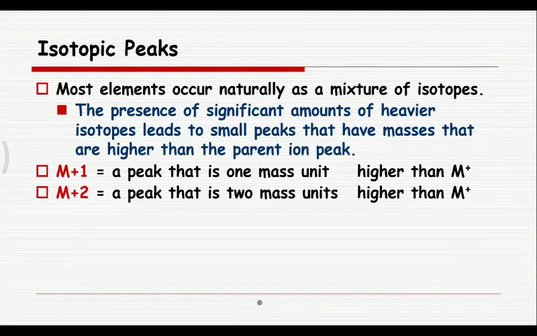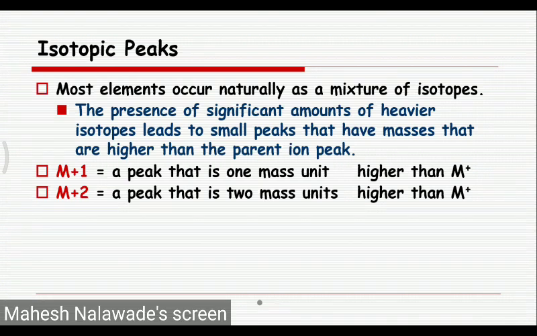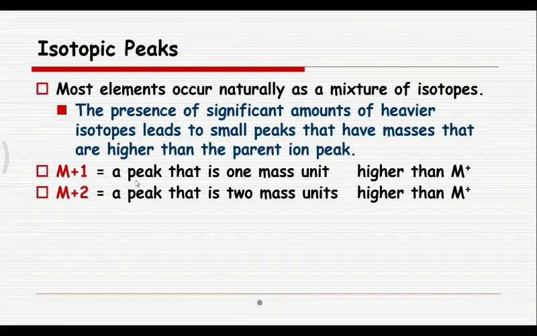Next to that molecular ion peak, we can observe small peaks at m+1 or m+2. If we have a peak at m+1, that indicates a peak with 1 mass unit extra. If we have m+2, a peak at mass unit 2.